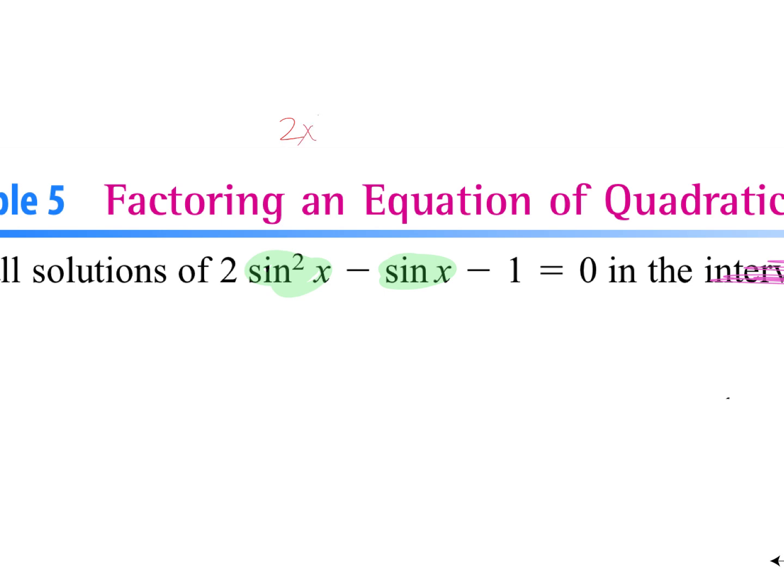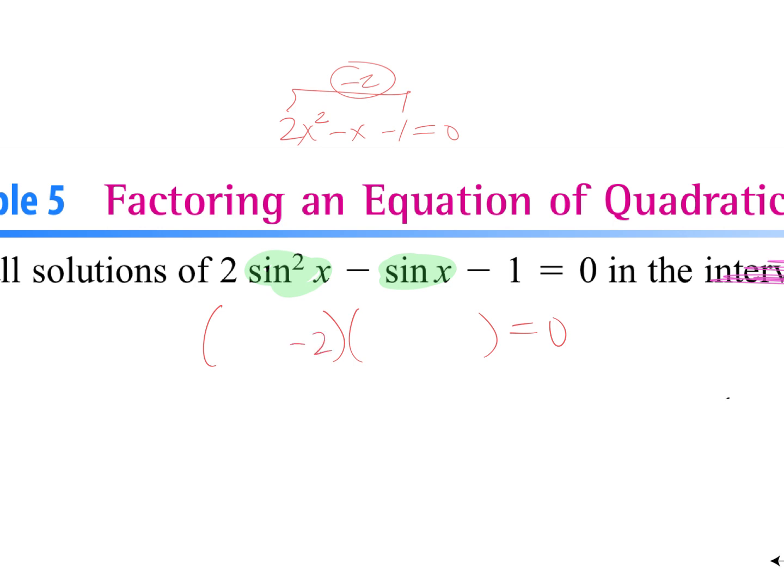This says 2x squared minus x minus 1 equals 0. I would say 2 times negative 1 is negative 2. So if I'm going to factor this, what are the factors of negative 2 that multiply to give me negative 2 but add to give me negative 1?